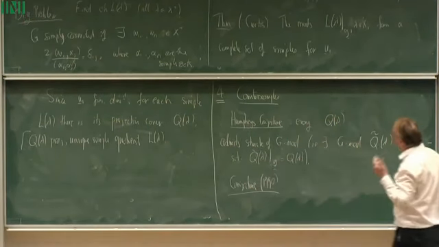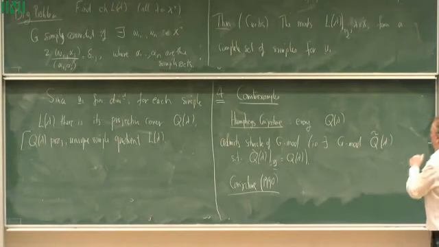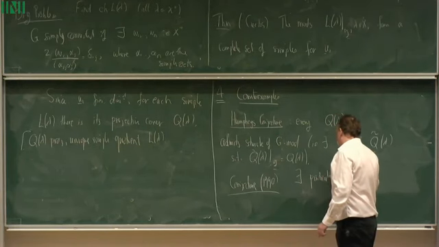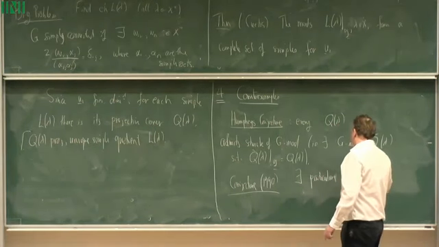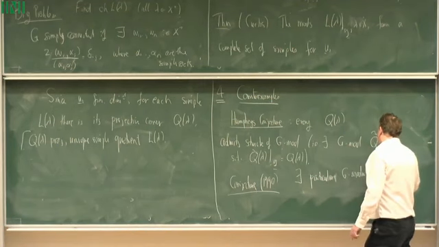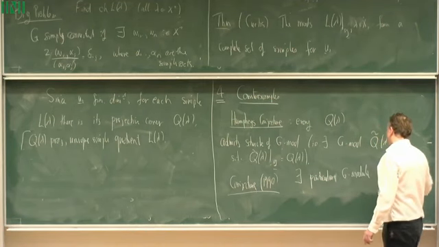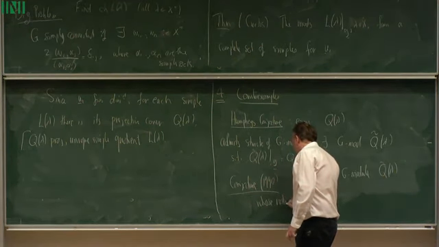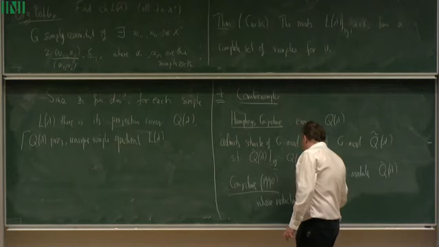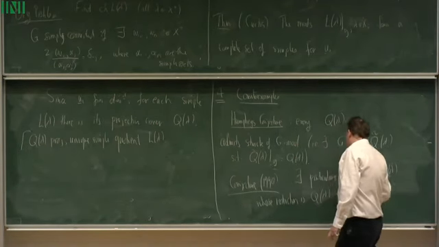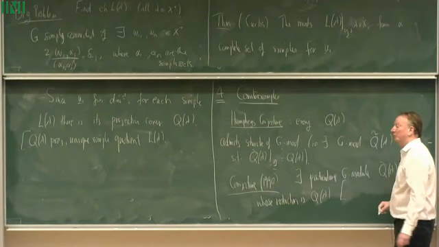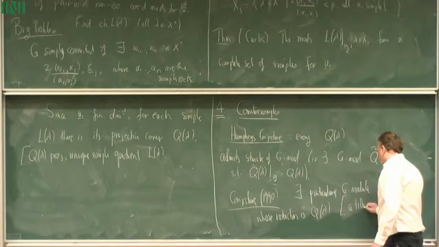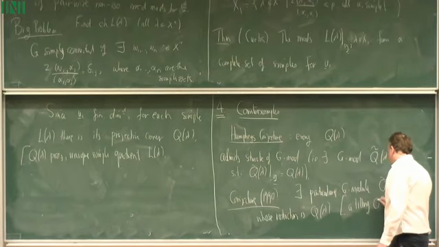So I nominated a particular G module, Q twiddle lambda, whose restriction is Q lambda. Well, this Q lambda twiddle was supposed to be a certain tilting module. I probably won't have time to explain what that entails.